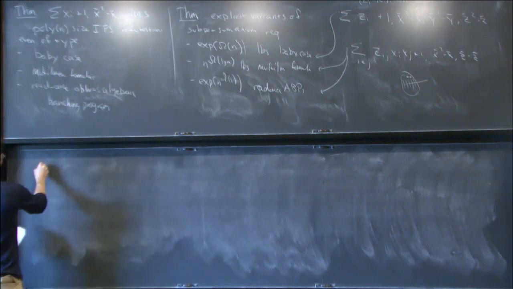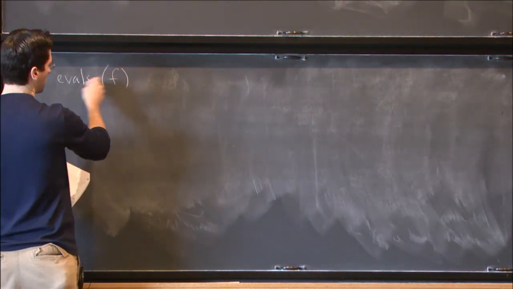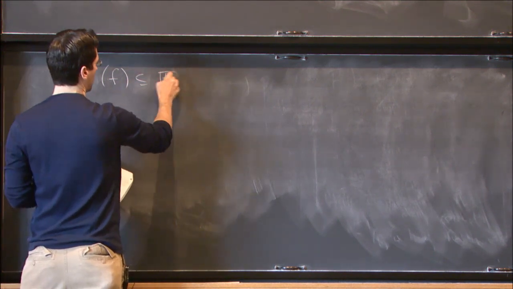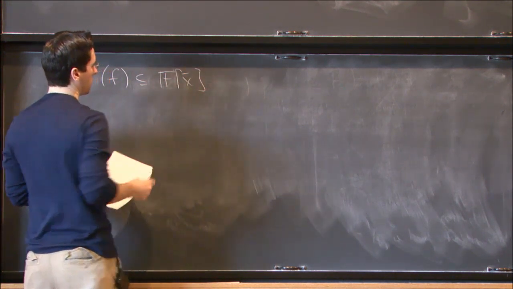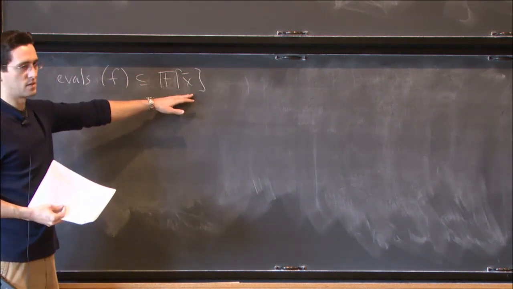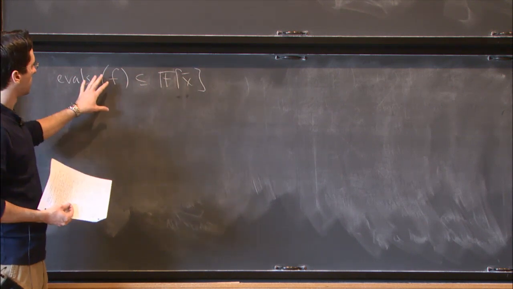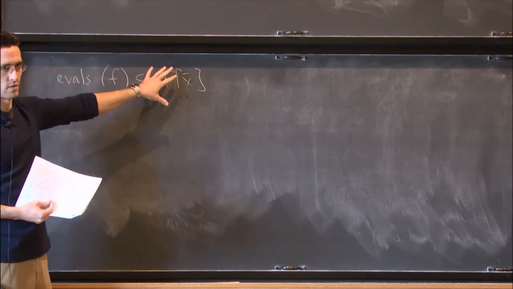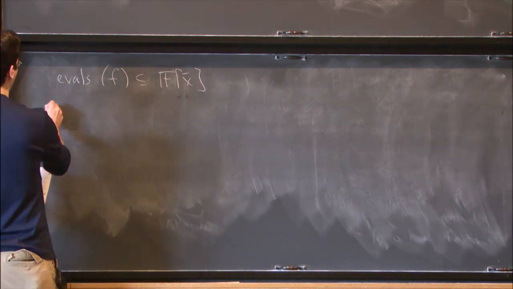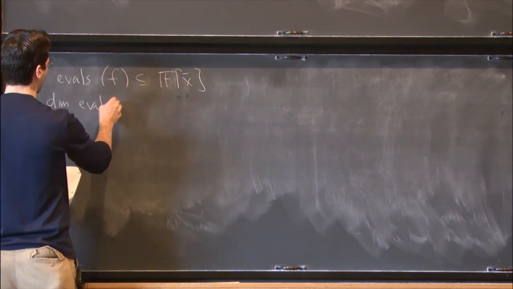OK, so this is a set, and it's contained in the ring of polynomials in X. And this is a finite dimensional vector space, or not finite, but these are bounded degree. So this basically lies in a finite dimensional vector space. And so what we want to do is measure the dimension of this set.